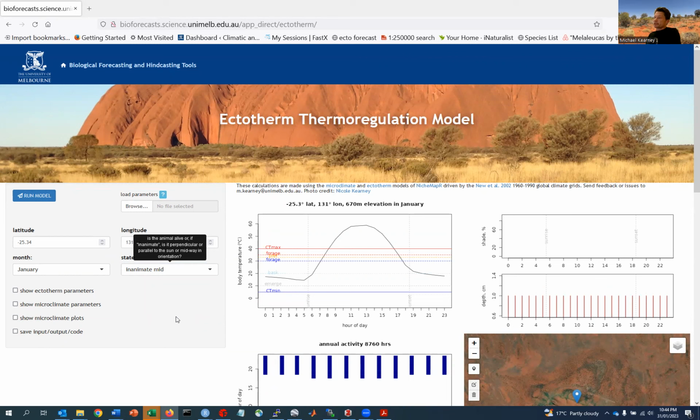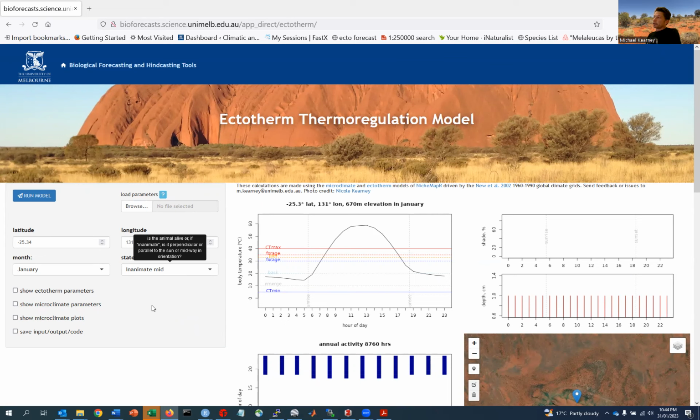Broadly, what this calculation is doing is solving a heat budget for an ectothermic organism. So this organism's body temperature is fluctuating with the environment, depending on what the environmental conditions are, unlike an endotherm where the body temperature is being held as constant as possible. In this case, the animal's body temperature is fluctuating according to the heat exchange. And this model is calculating that heat exchange.